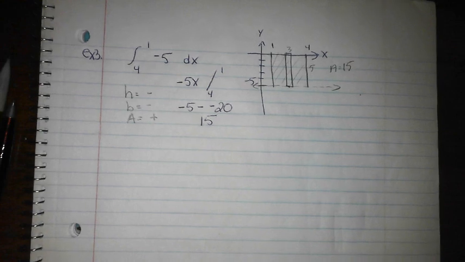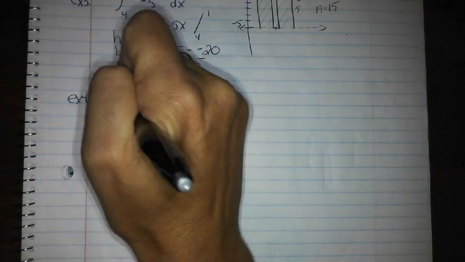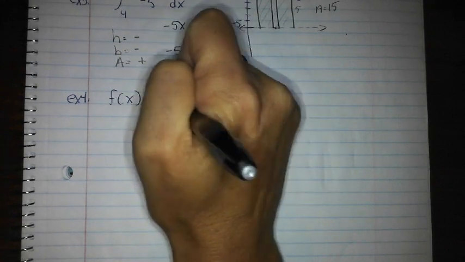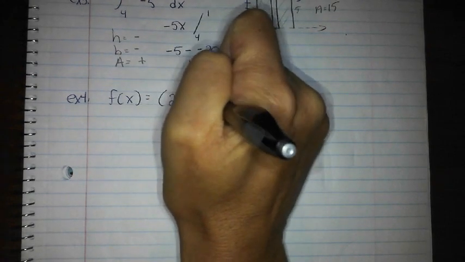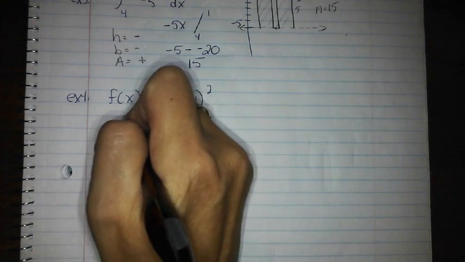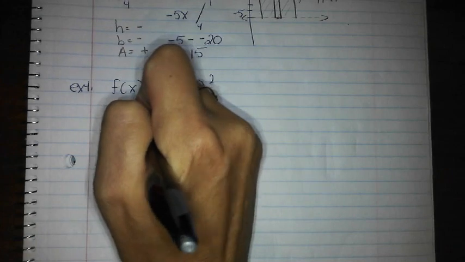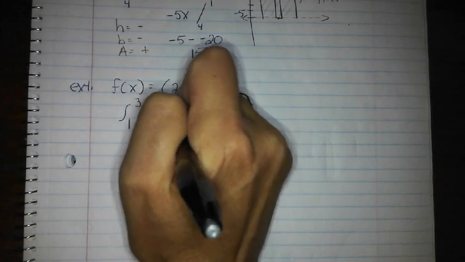Okay, next special case. So we want to find the integral from 1 to 3 of (2x plus 1) squared.